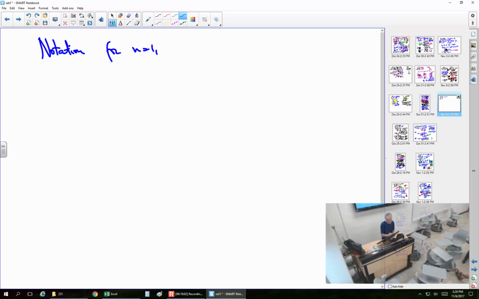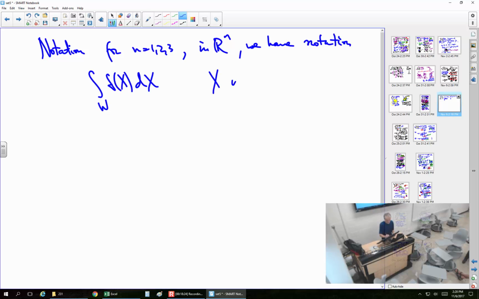For n equal to 1, 2, 3, or maybe higher, in R^n, we have a notation for all integrals: the integral over W of f(x) dx. So x is a point in R^n. f is a function of n variables, and W is a region in R^n.